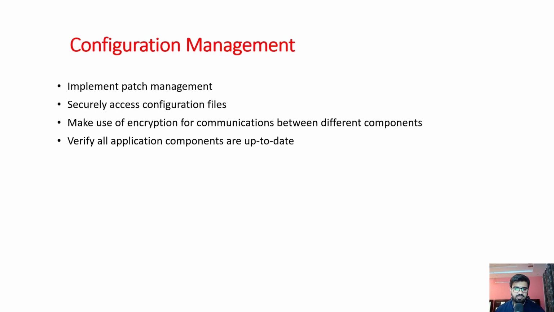Here we have configuration management. The infrastructure team needs to implement patch management practices and follow the security policies that should be developed in the application architecture documents and design. Make sure that security controls, for example encryption on communication, are in use and the application components are up to date.